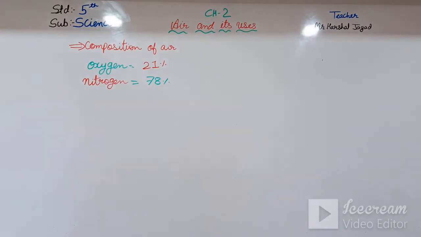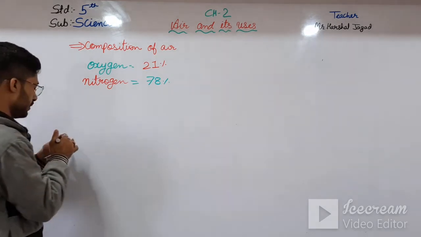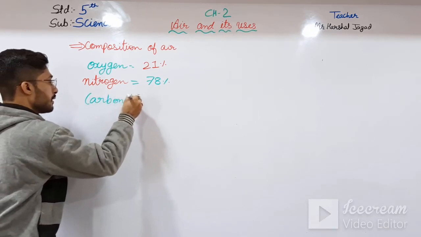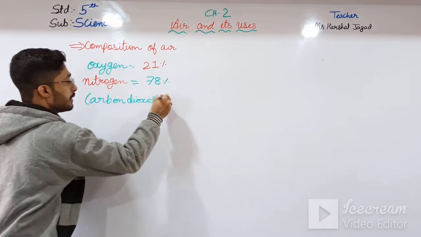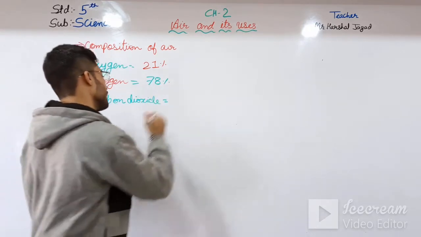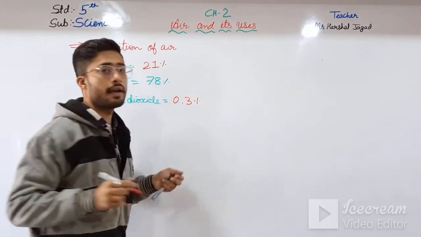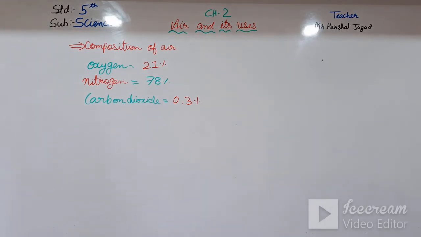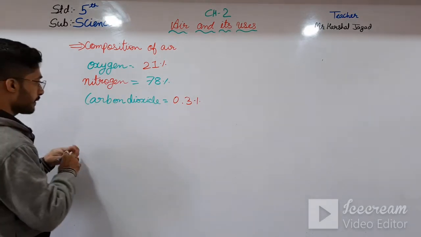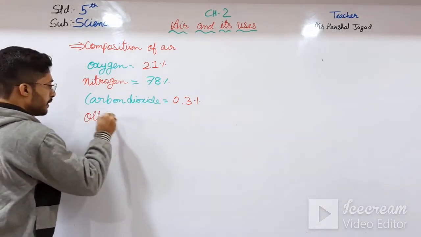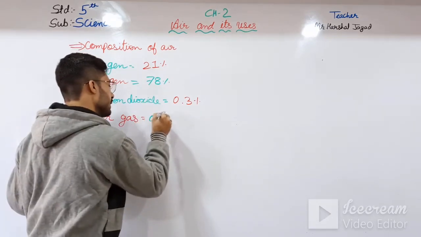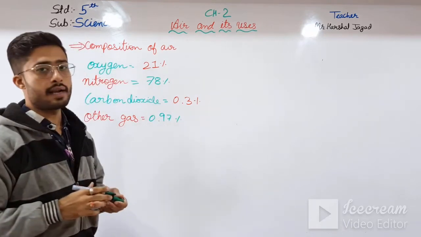Nitrogen is there. And the third one is carbon dioxide, which is about 0.3% in the atmosphere. Okay, and other gases are about 0.97% in the atmosphere.